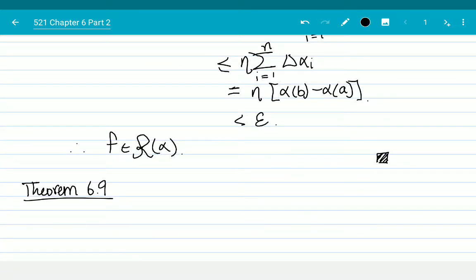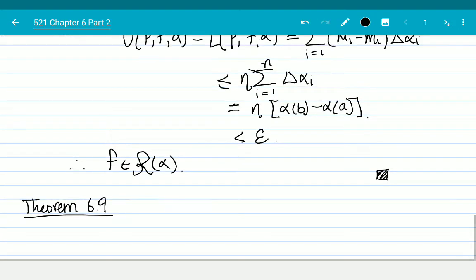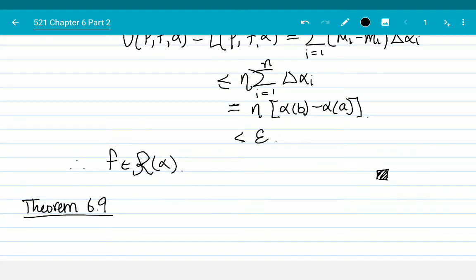Well, great. Continuous functions are integrable. What if my function is not continuous? What can I relax on continuity to say that under these conditions it is still integrable?